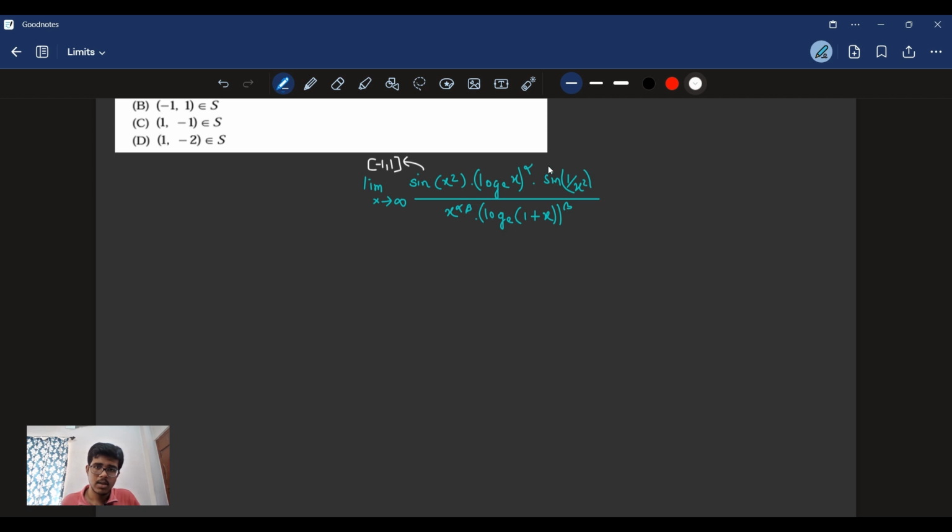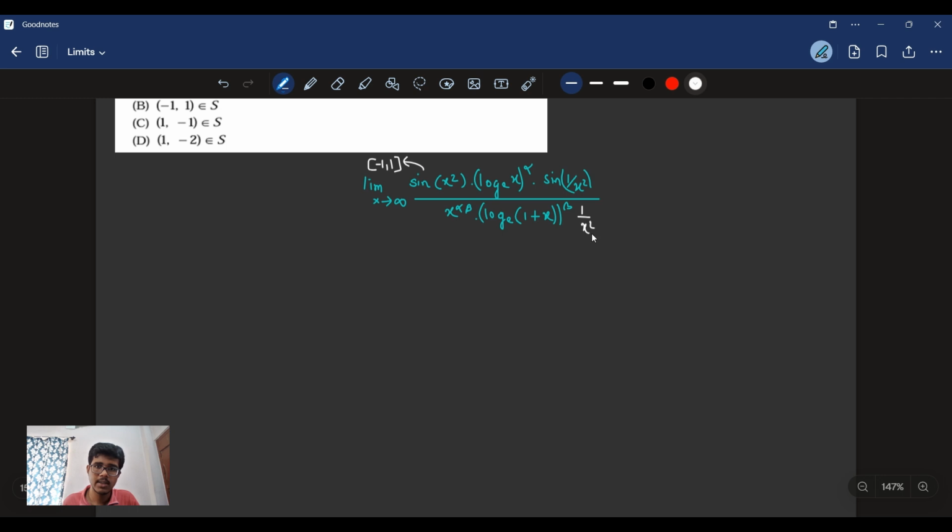And if it is only 0 at first hand, we won't be able to comment on the values of alpha and beta, and therefore we must first try to adjust this first.